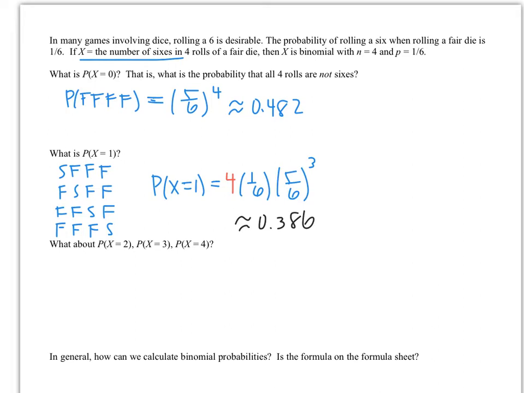Okay, so then what about probability of 2, 3, or 4? These are going to be similar ideas. 2 means I have 2 successes. Well, they could be the first 2, they could be the middle 2, or any other combination.